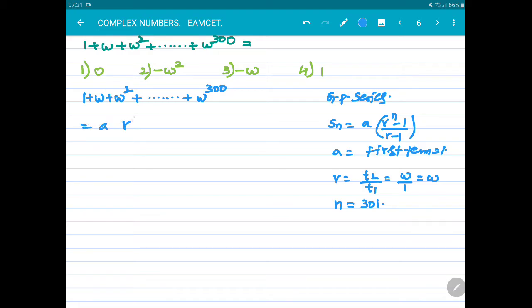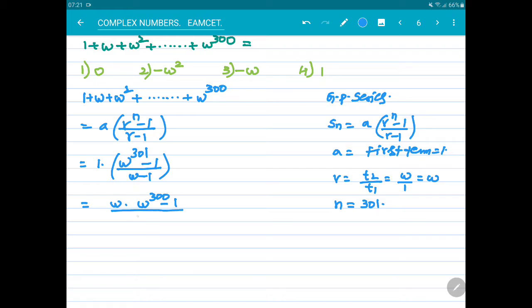A times r power n minus 1 by r minus 1. So A is 1, r is omega, power 301 minus 1 by omega minus 1. We can neglect the 1. So this can be written as omega times omega power 300 minus 1 whole divided by omega minus 1.